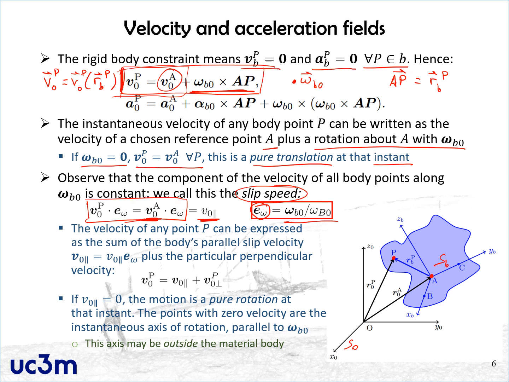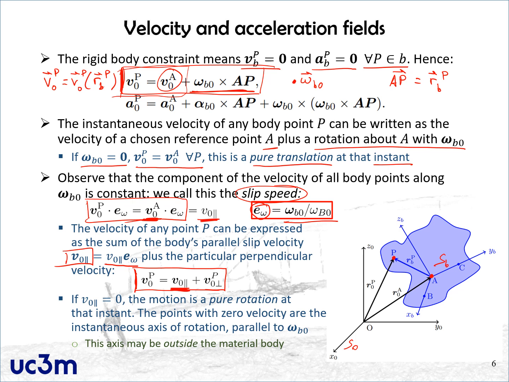In fact, this offers the possibility of decomposing the velocity of any point P in a very interesting way. On the one hand, we can split the velocity into a term that is parallel to the angular velocity vector. Here we got the slip speed and multiplied it by the unit vector e omega to get a vector, the V parallel vector. And this vector is universal for all points of the rigid body.